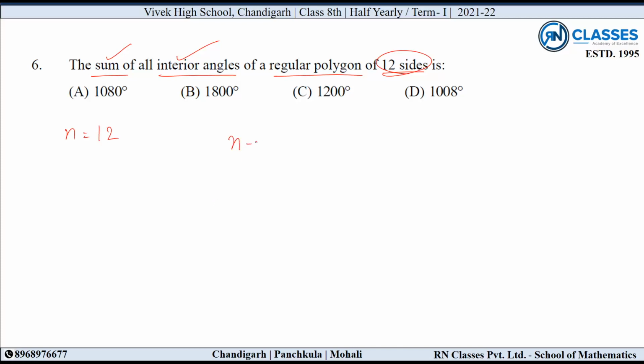Triangles will be n minus 2. N minus 2 triangles will be there, and angle sum property says each triangle consists of 180 degrees, so into 180. n is 12, 12 minus 2 into 180, means 10 into 180, means it is 1800 degrees.